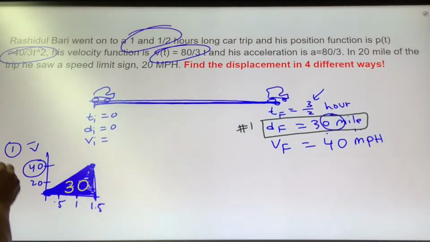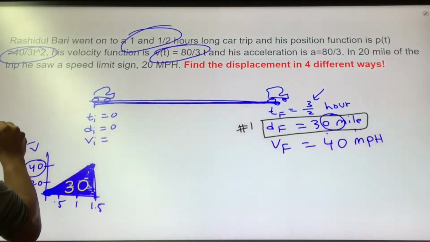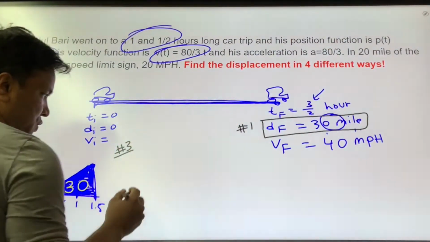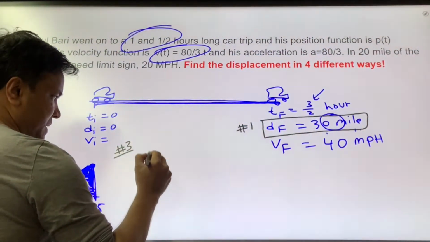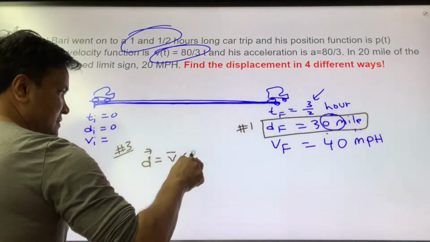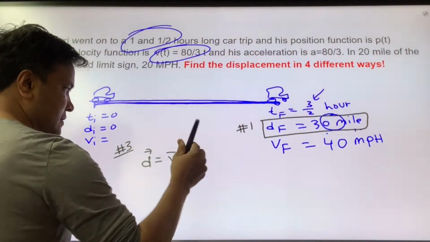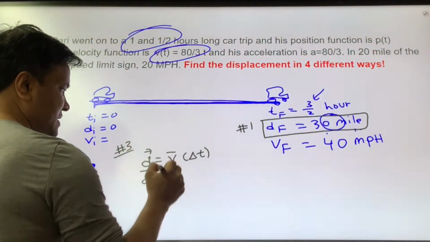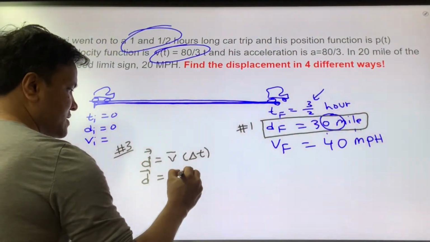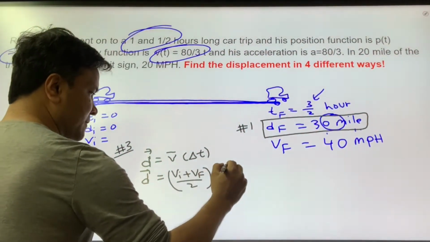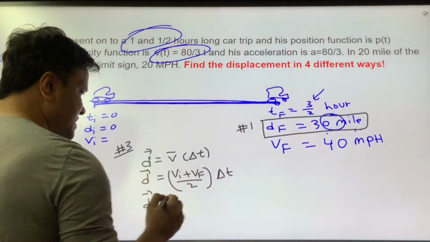This is the number 2 way, and number 3 way. We're going to use displacement is equal to average velocity times delta t. Average velocity is v initial plus v final over 2, times delta t. What is the v initial?